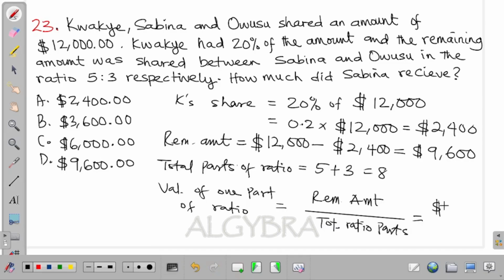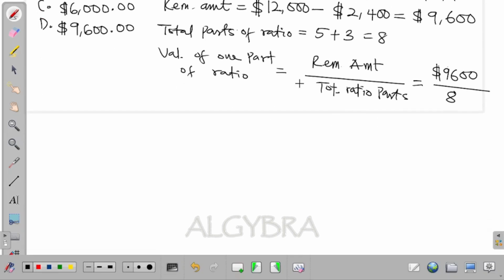That's given by 9,600 all divided by 8, and that is equal to $1,200.